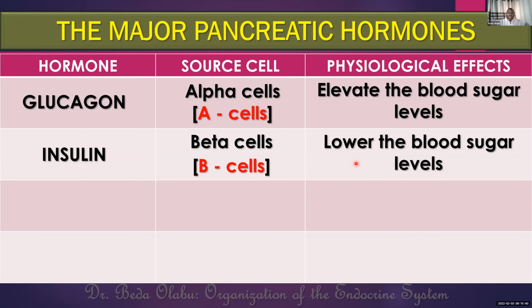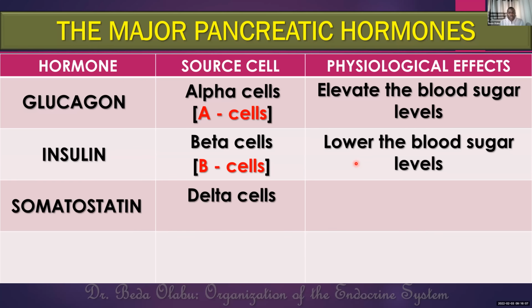It inhibits lipolysis, breakdown of fat. It also inhibits the conversion of fatty acids to carbohydrates. That is what we call gluconeogenesis. It inhibits gluconeogenesis. So multiple mechanisms that insulin will work with. The overall aim is to lower the blood sugar levels.